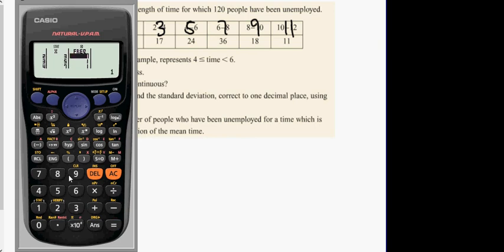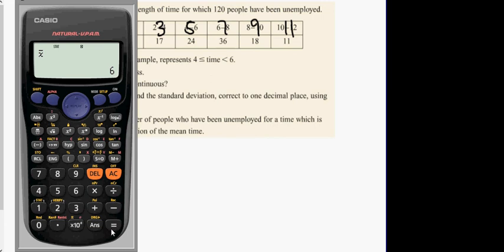So how many people got 1? Anybody? 14. 17. 24. 36. 18. And 11. Once I have that done, I'm going to go shift, stat, variable, which is 4, and then go mean.